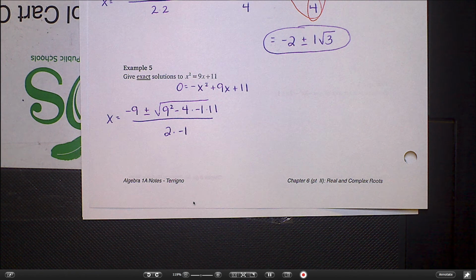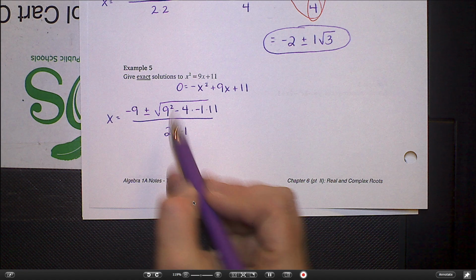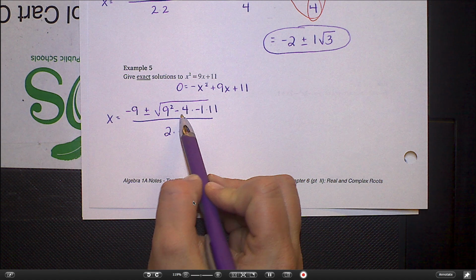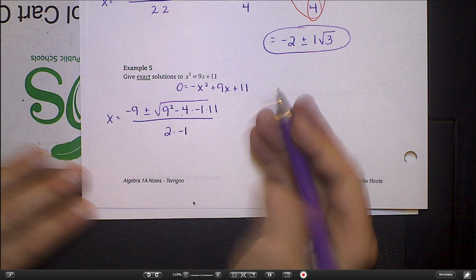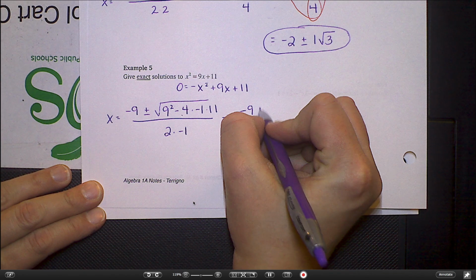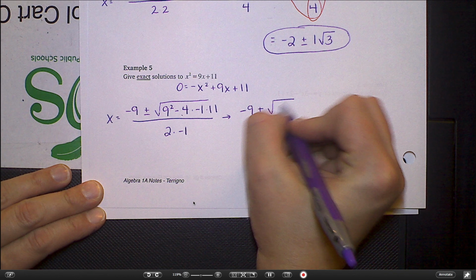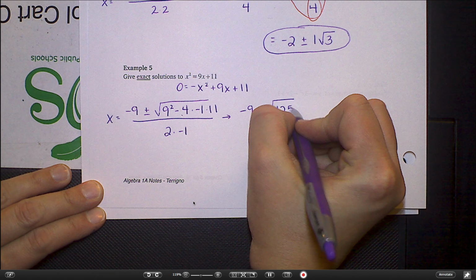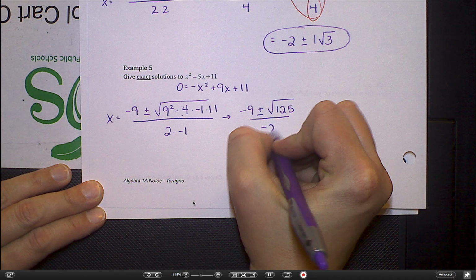These numbers are a little bit big for what I would ask you to do without a calculator, okay? However, I'm about to show off and do it without a calculator. This is 81, this is positive 44, and 81 plus 44 is 125. So that would be -9 plus or minus square root of 125 over -2.